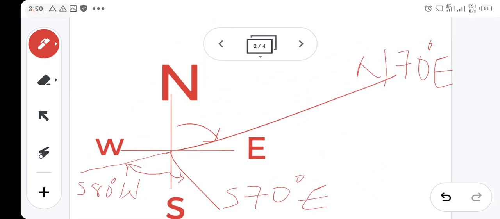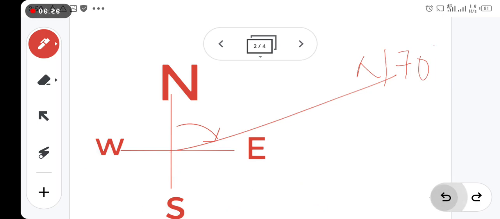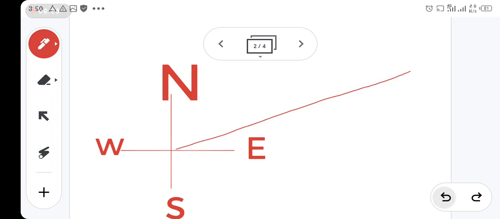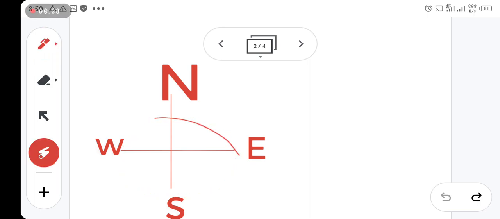So this is how we represent compass bearing. Now there's another type of bearing which we call a three-figure bearing. In the three-figure bearing, we measure from the north in a clockwise direction. Remember that the cardinal points divide this into four quadrants of 90 degree each, so the whole of this is 360 degree.